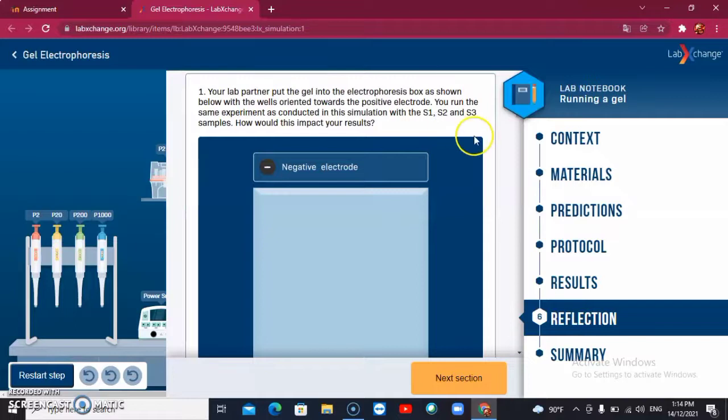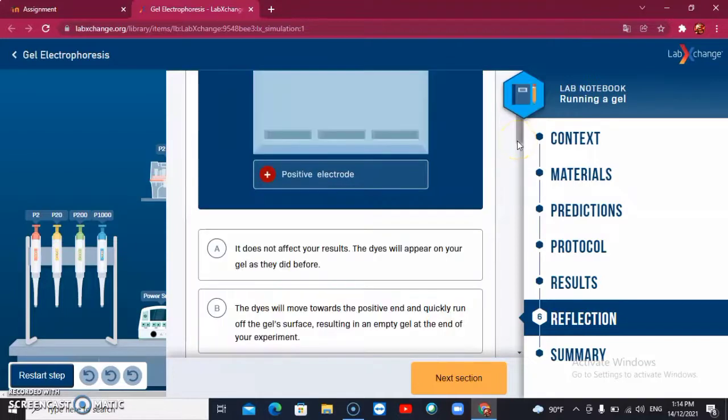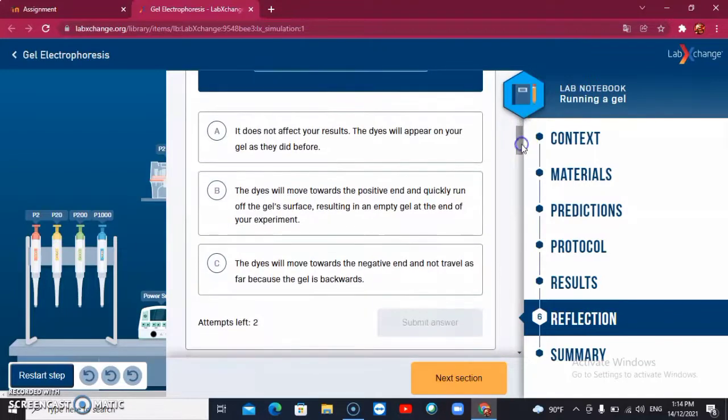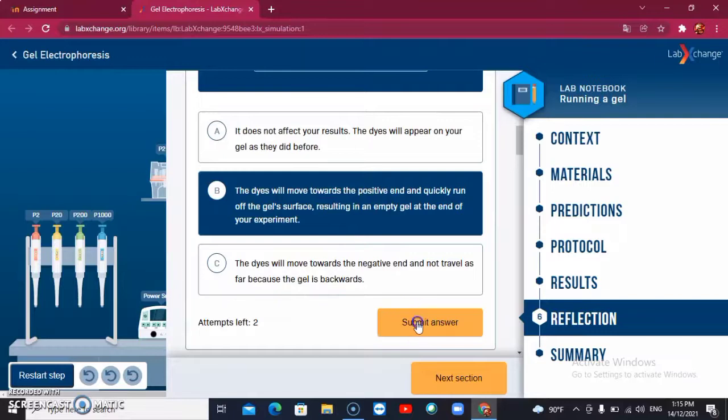How will this impact your result? I will choose: the dye will move toward the positive end and quickly run off the gel surface, resulting in an empty gel at the end of your experiment.